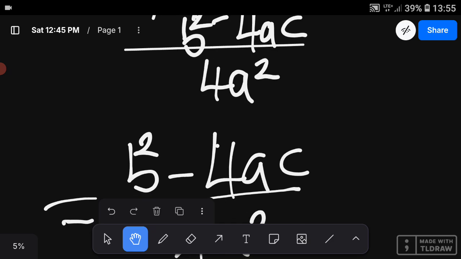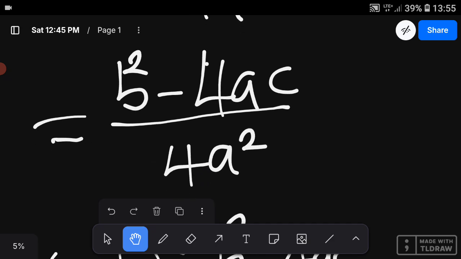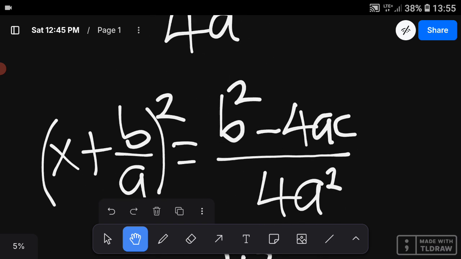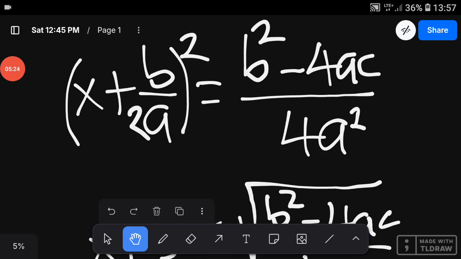So the right hand side of the equation becomes b squared minus 4ac on 4a squared. Now remember, this is equal to the perfect square, so we can bring in the perfect square now. x plus b on 2a all squared, that's our perfect square, is equal to b squared minus 4ac on 4a squared.